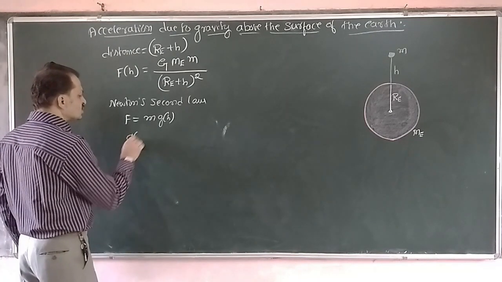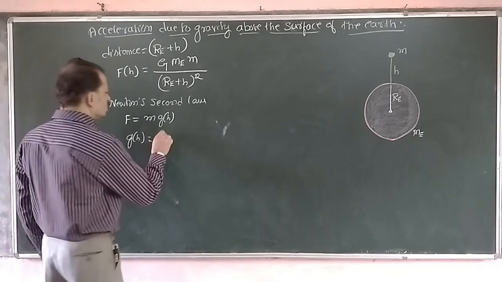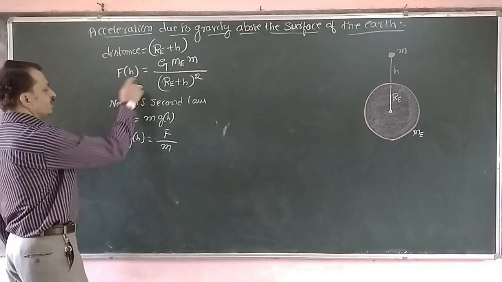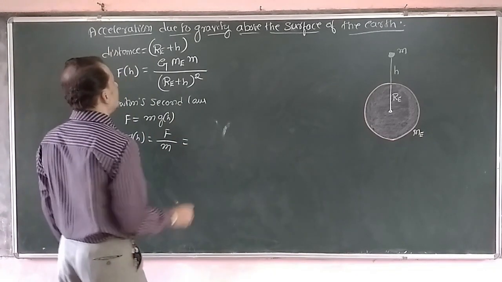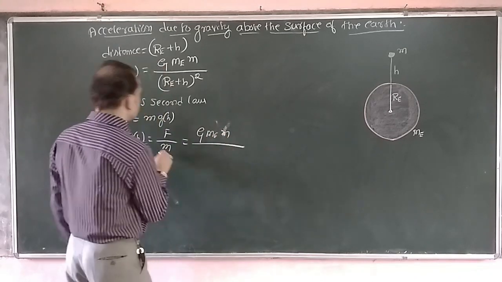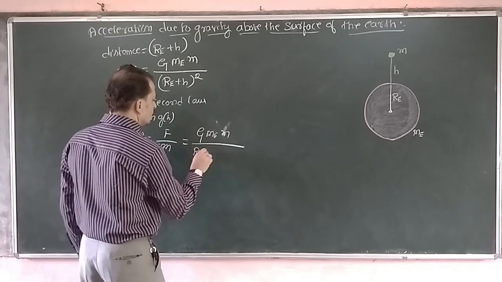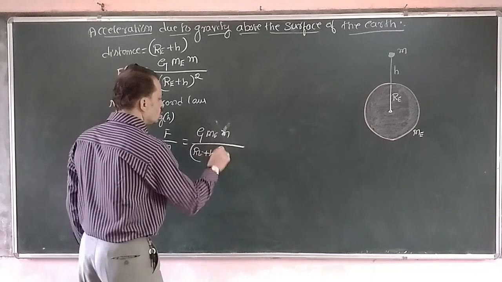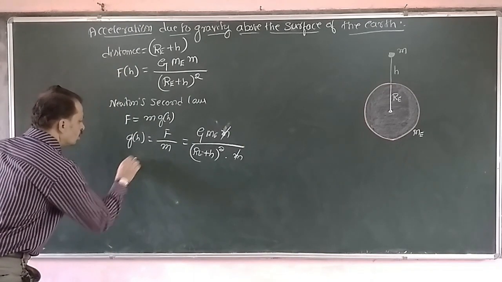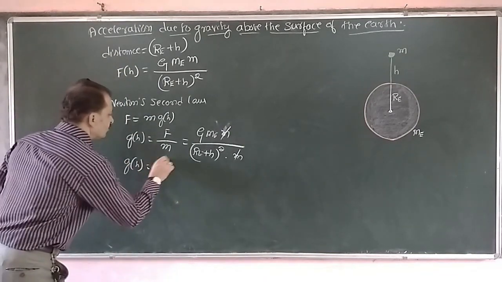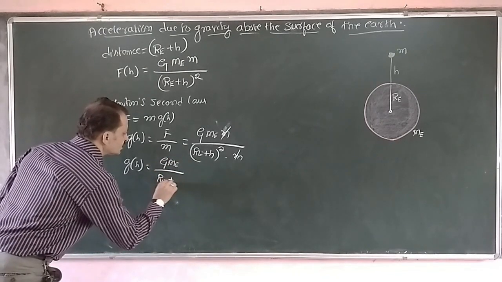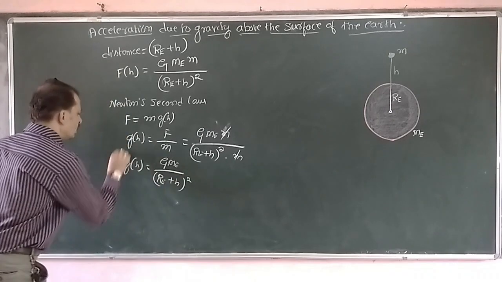So what is the acceleration due to gravity? g of h is equal to F divided by m. Now substituting for F from the above equation, we get G ME small m divided by RE plus h whole square into one more m. Now these two m cancel. Therefore, we got the expression for acceleration due to gravity above the surface of the earth. This is a very important relation.